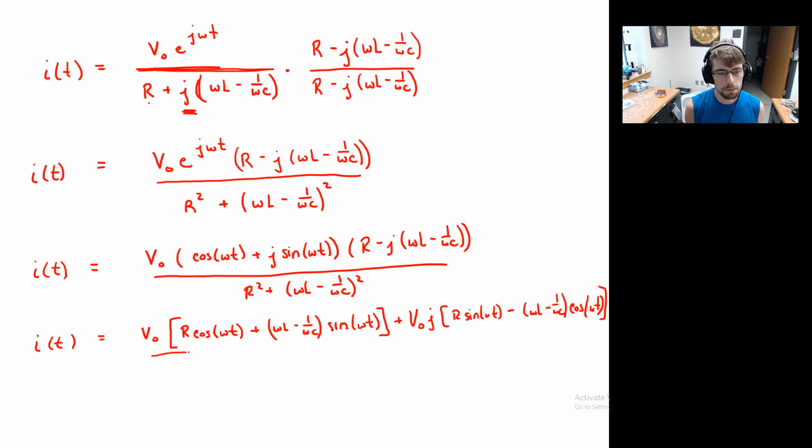Yeah, so you need a big piece of paper. And then we have R squared plus omega L minus 1 over omega C, squared.